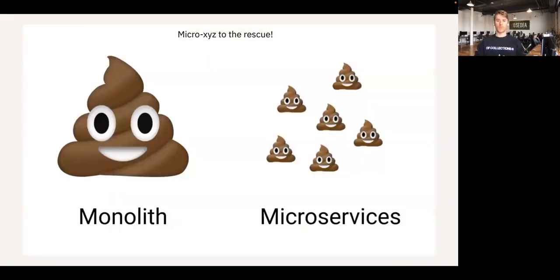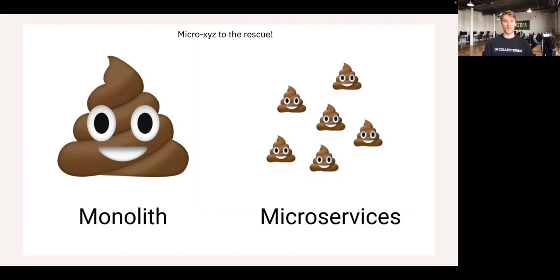So what is a micro-frontend? Well, it's very analogous to a microservice. And I'm sure you've heard of microservices. They've been around for maybe two decades now, or more. So the idea is to take a big thing and split it up into smaller things.